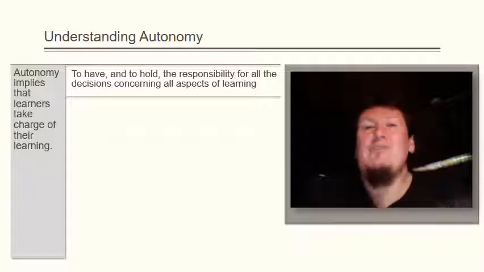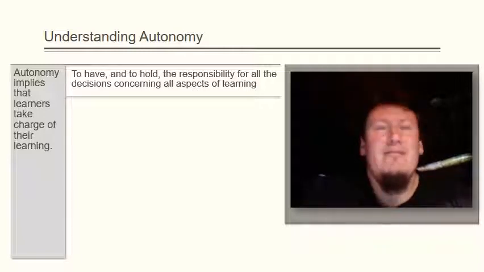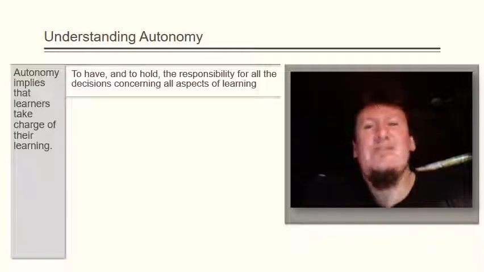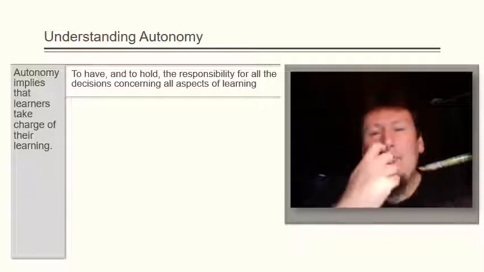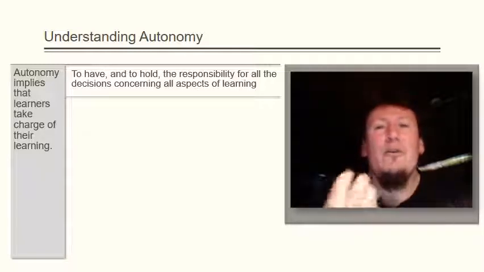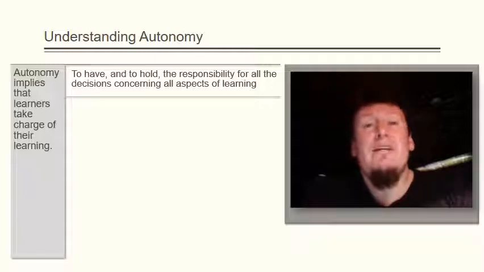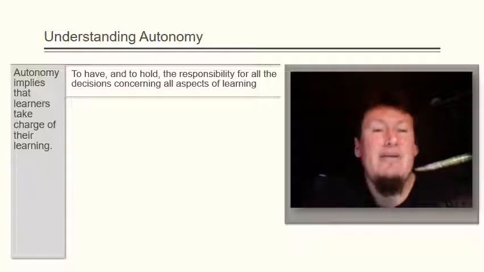There has to be responsibility for autonomy to happen. If there is irresponsibility, then the autonomy is absent. It just doesn't work like that. So every time you're trying to promote autonomy, in the same light, you need to promote responsibility of that learning in some sense.